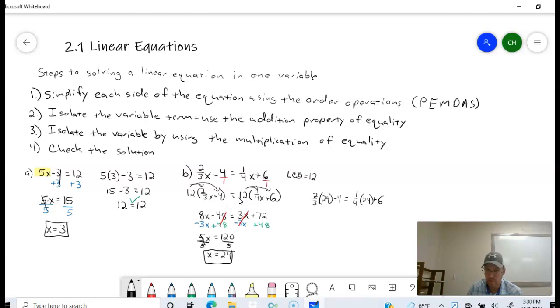So when I go to multiply, the 3 goes into 3 one time, 3 goes into 24 8 times. 2 times 8 is 16 minus 4 equals 4 goes into 4 one time, 4 goes into 24 6 times. 1 times 6 is 6 plus 6. 16 minus 4 is 12. 6 plus 6 is 12. So that does work. That would be our solution.